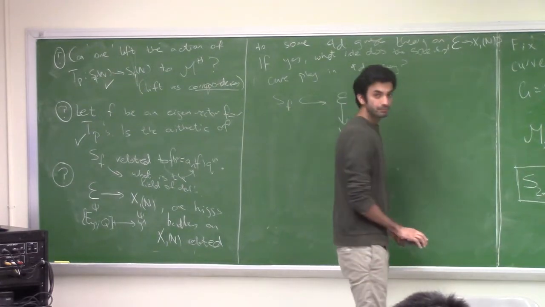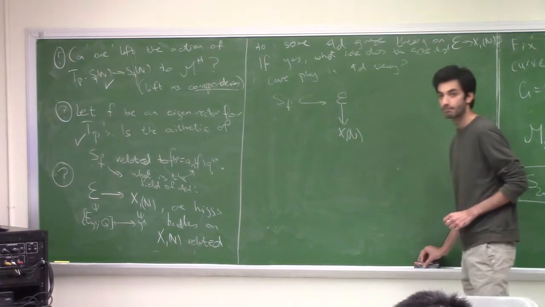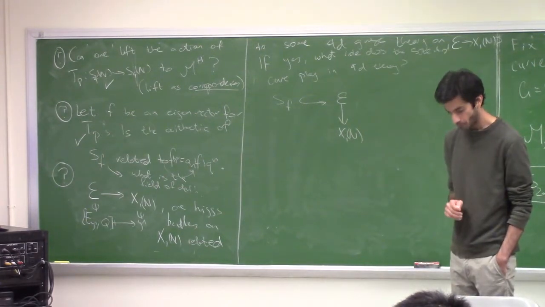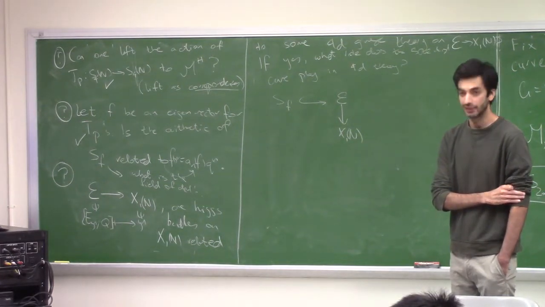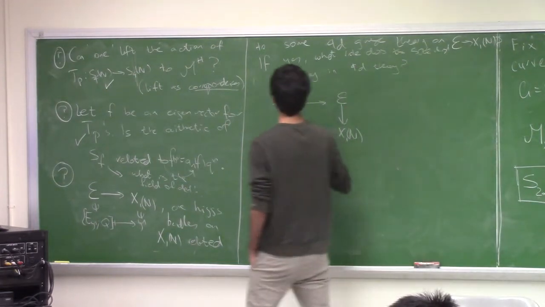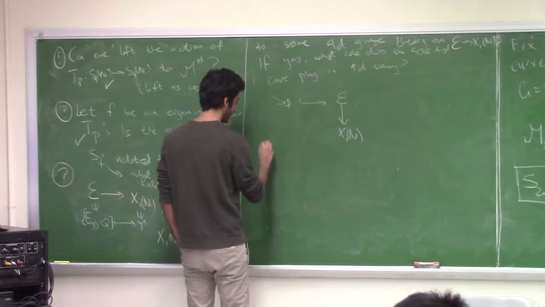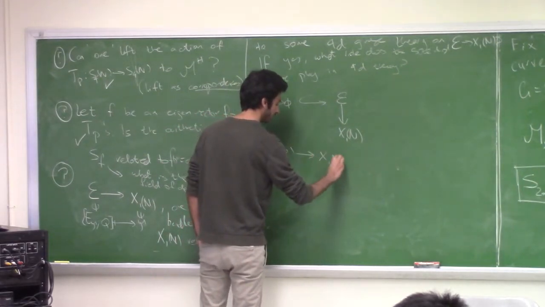Can you say a little more about the last question? About the last question? So S_F is a spectral curve that sits inside the cotangent bundle of X_n, and you want to know whether it also sits in another surface, which is the elliptic surface. Exactly. Yes. So maybe for the reason I should write phi. So the thing is, you take an SL2 bundle E_phi on X_1(N).